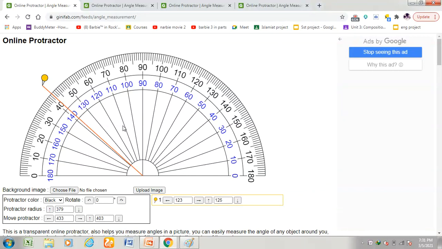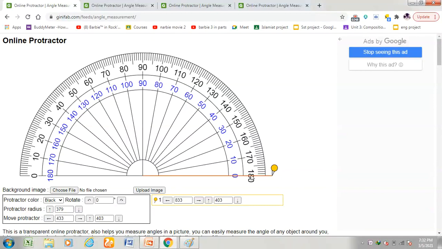One more example for you: let's find 180-degree. See, this is 180-degree. Some people get confused between 108-degree and 180-degree.